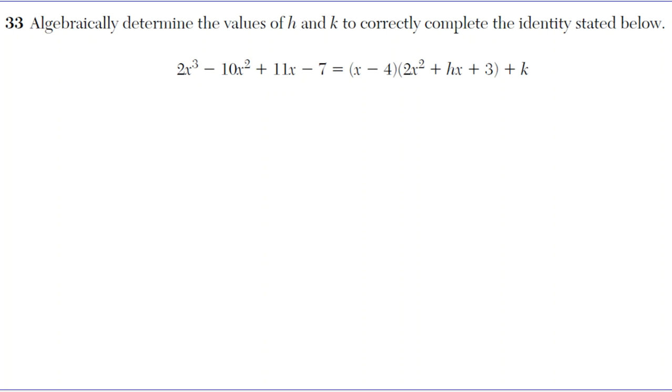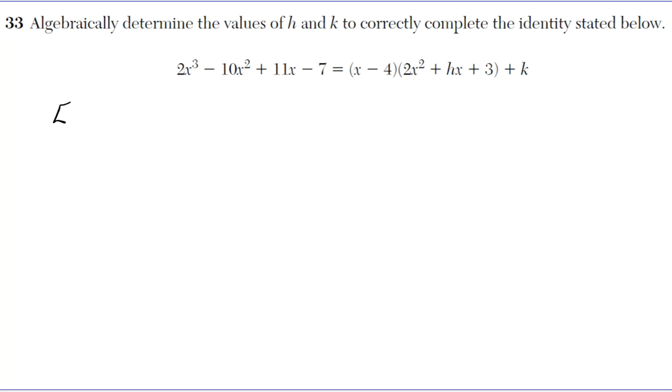All right, so what are we doing here? Well, what we're simply doing is we're going to simplify the right side completely, and then we will be able to determine what h and k are. From the look of things, h is going to be the coefficient of the second degree term, and k is going to be a constant. All we're going to do is focus our attention on the right side.